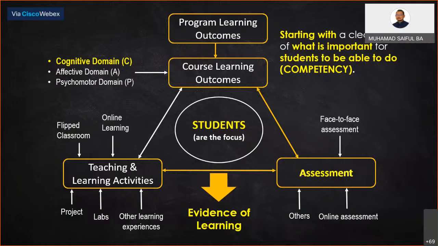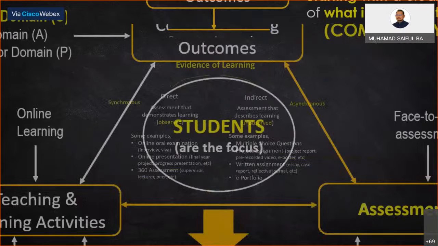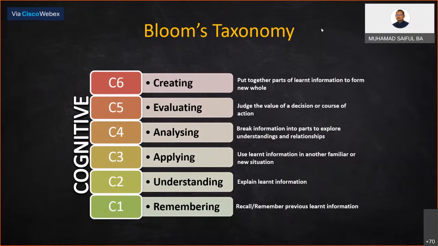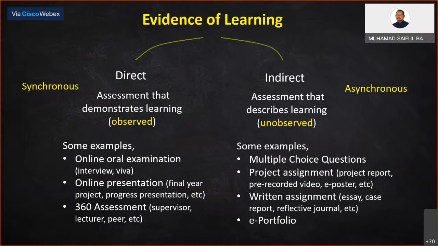And when we talk specifically about the evidence of learning, we can put it into direct or indirect. If you are looking at the online, digital version right now, we call it asynchronous versus synchronous. But let's focus on direct and indirect, because direct is assessment that demonstrates learning.